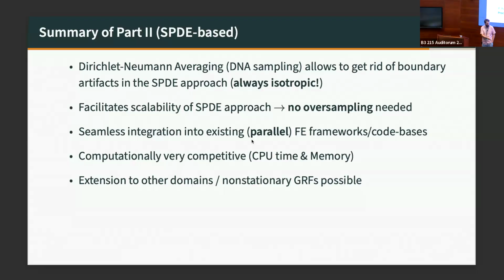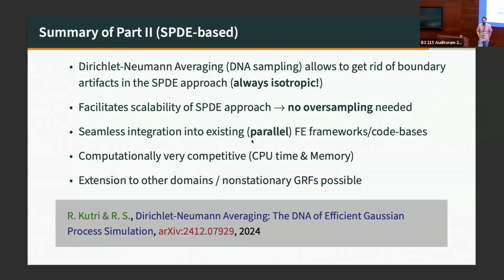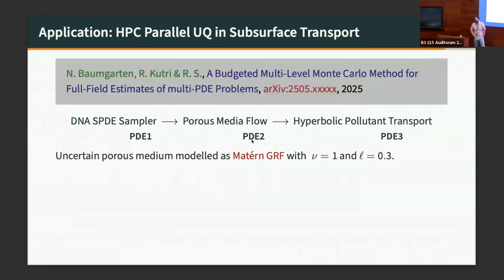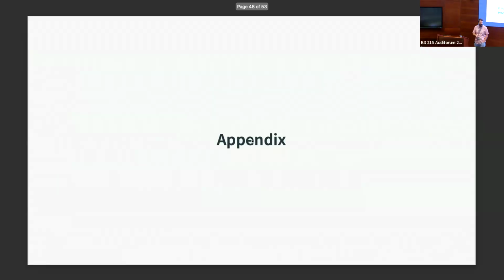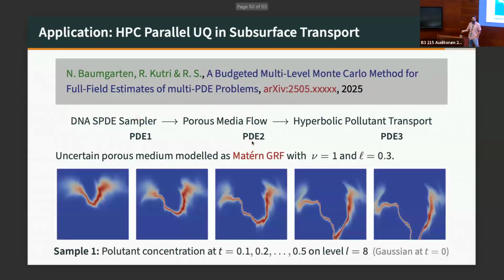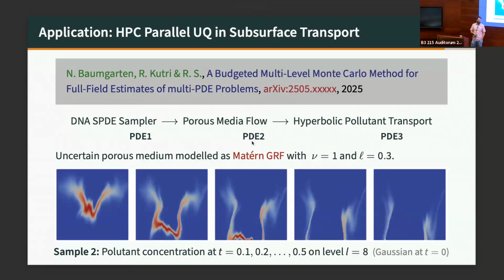So the paper is on arXiv. I think I've run out of time. I had some slides on applying it, but I let the chairman say whether we'll ask some questions. If anybody wants to see it, we basically applied it in a multi-level Monte Carlo, where we're doing transport in an uncertain medium.